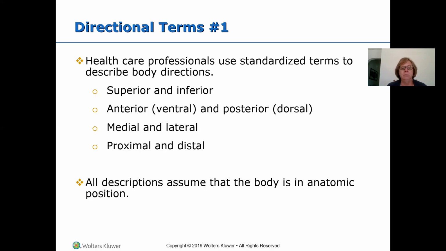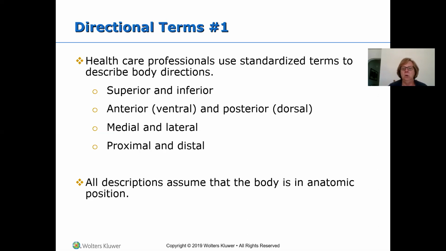Okay, and then we have proximal and we have distal. Proximal is closer to, and distal is further away. So as an example, your wrist would be proximal to your hand. Your shoulder would be distal to your wrist, further away.